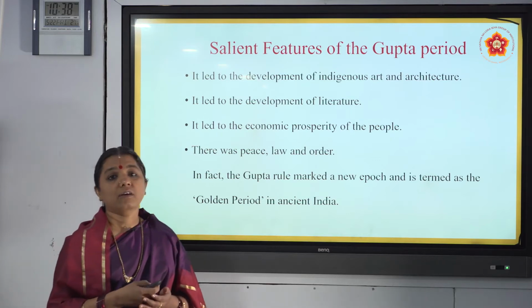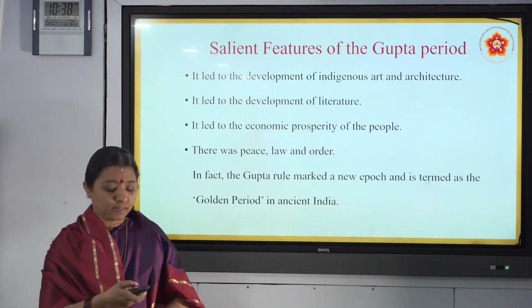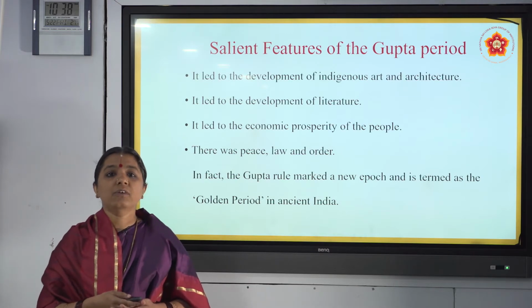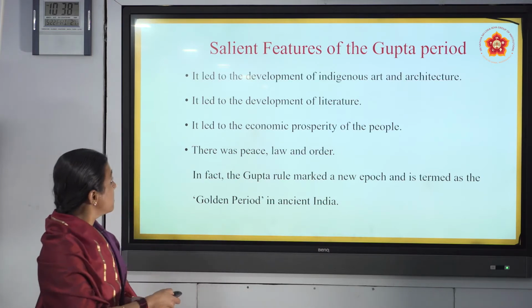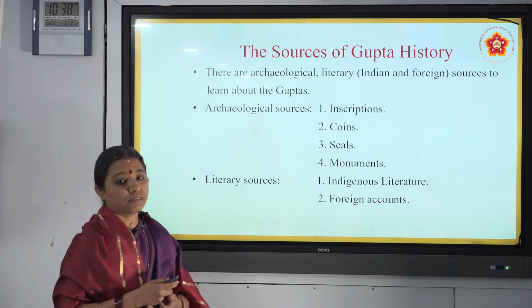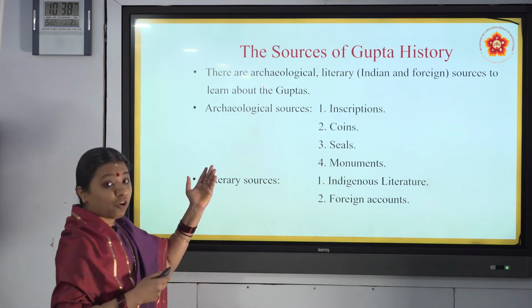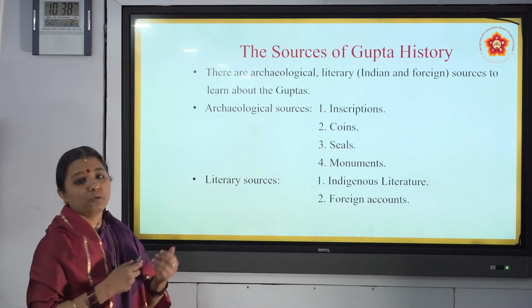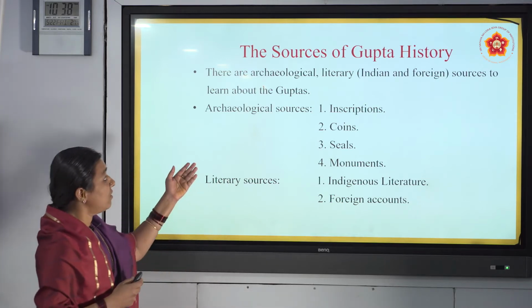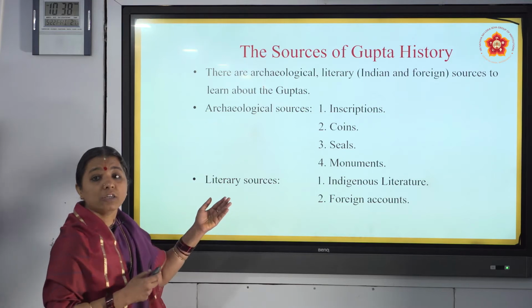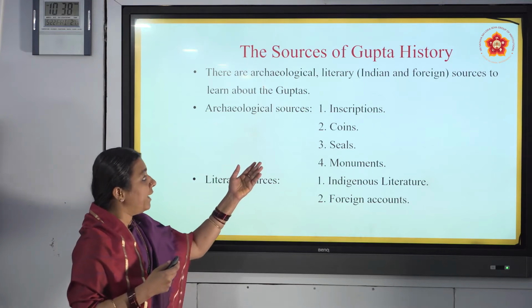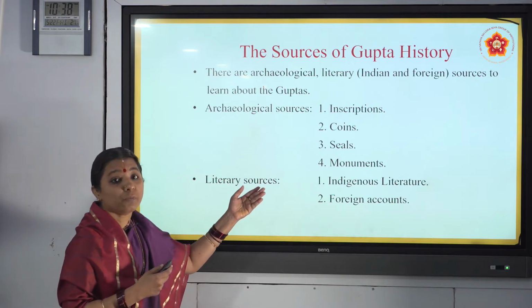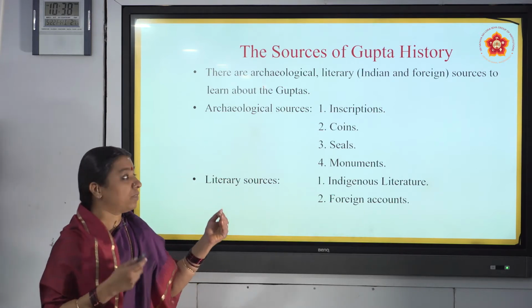Now let us know about the sources which help us to reconstruct the history of Guptas. There are archaeological and literary sources to learn about Guptas. In archaeological sources, we have plenty of inscriptions, coins, seals and monuments to know about Guptas.